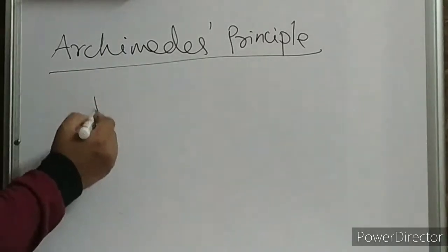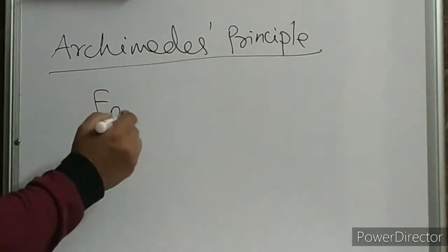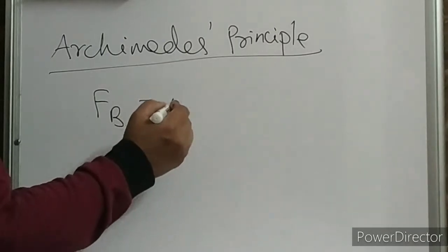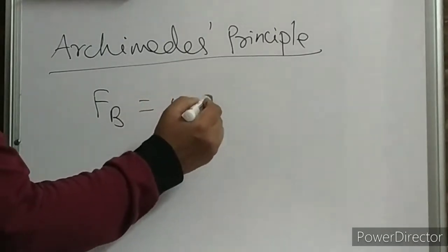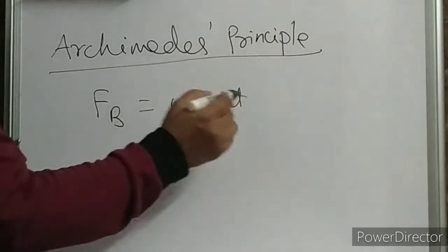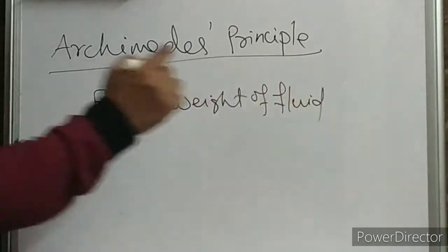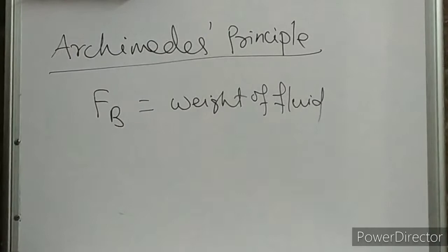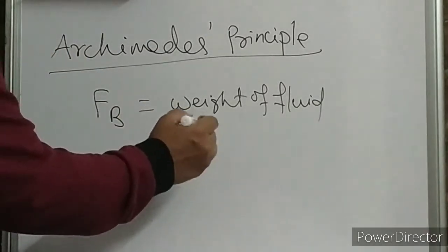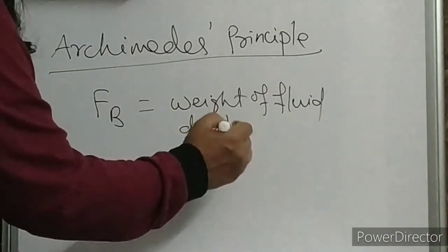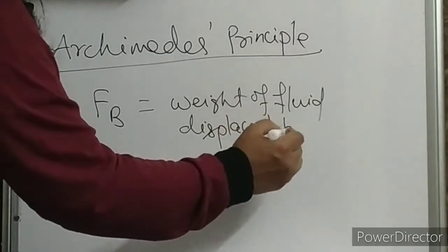So the buoyant force acting on your object is equal to the weight of the fluid displaced by the object.